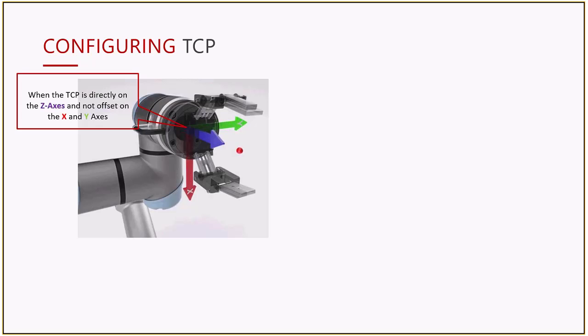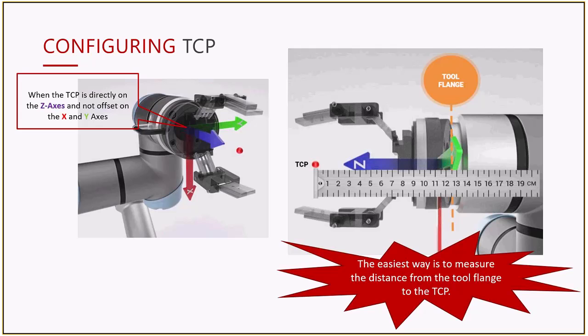Because in this position there is only one coordinate that you need to put in, and then you will know where to be. It's very easy to get this one. It's just measuring it from the tool flange all the way to the TCP point of that gripper.